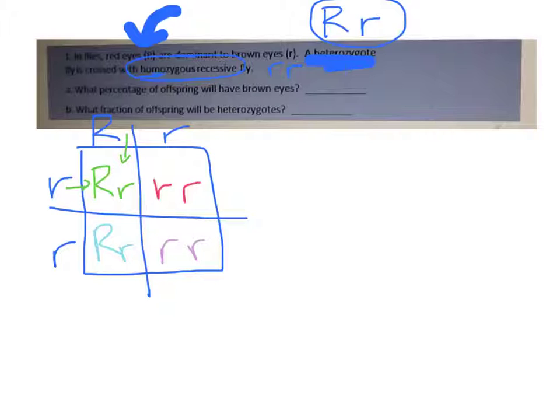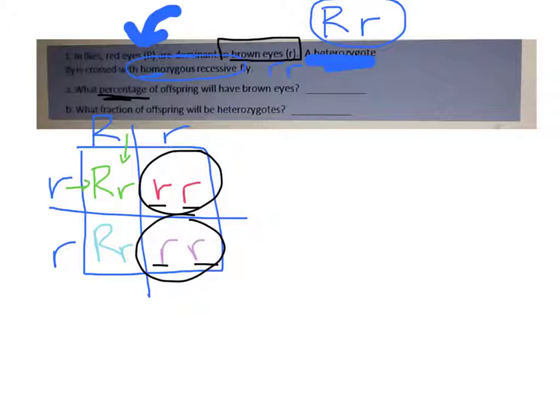So now what you do when you finish all of this, you're going to look at what percent of the offspring will have brown eyes, okay? It tells you up here, brown eyes are little r's. In order for brown eyes to show up, there has to be two little r's. So the only one where you have two little r's, you have one box, two box, okay?